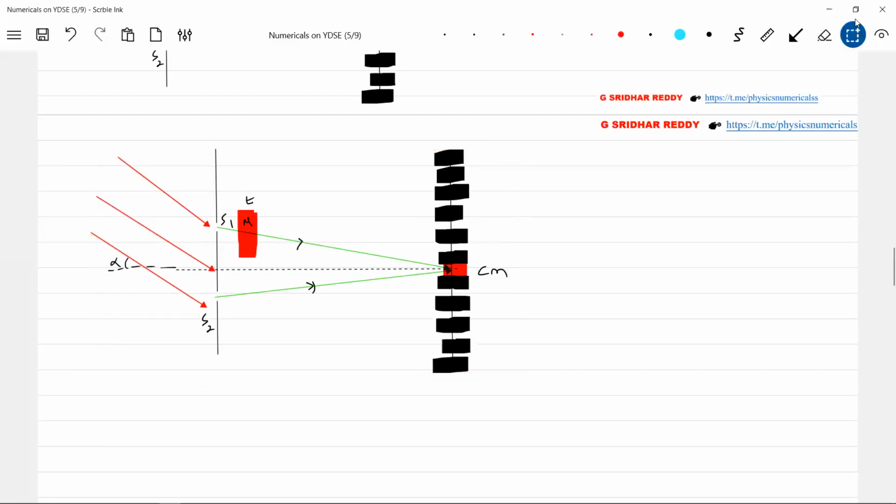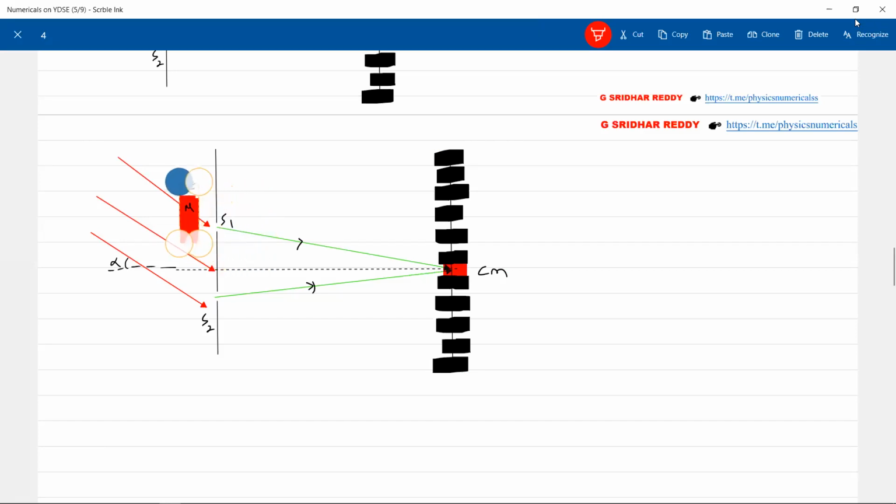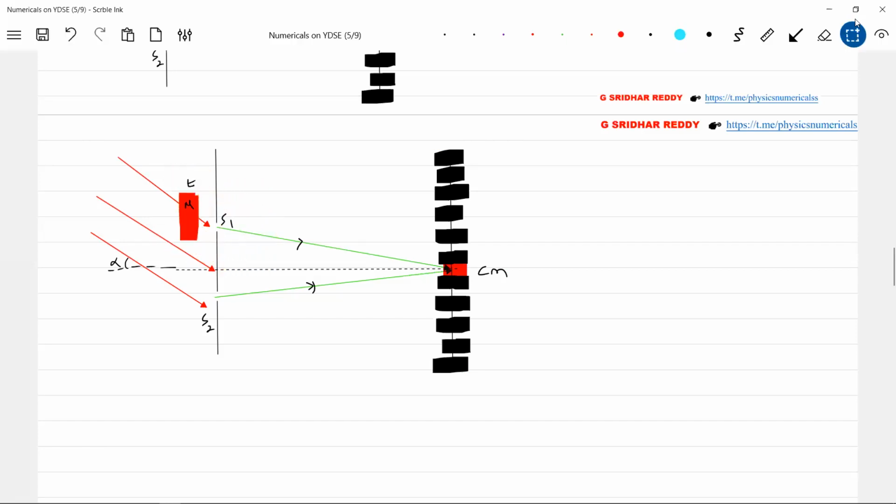Okay, let's see what we'll get. By chance, if he places the slab here, will any changes come, or nothing as usual? Central maxima will be there at the axis.